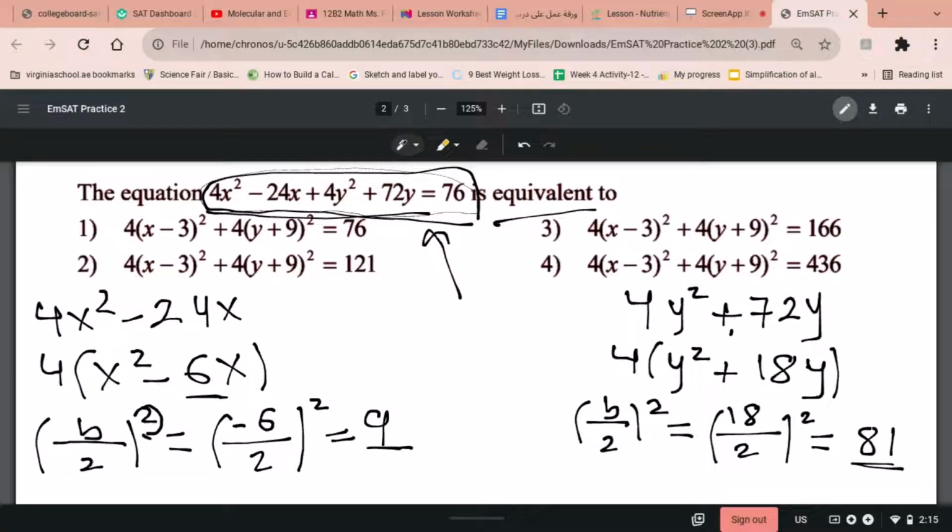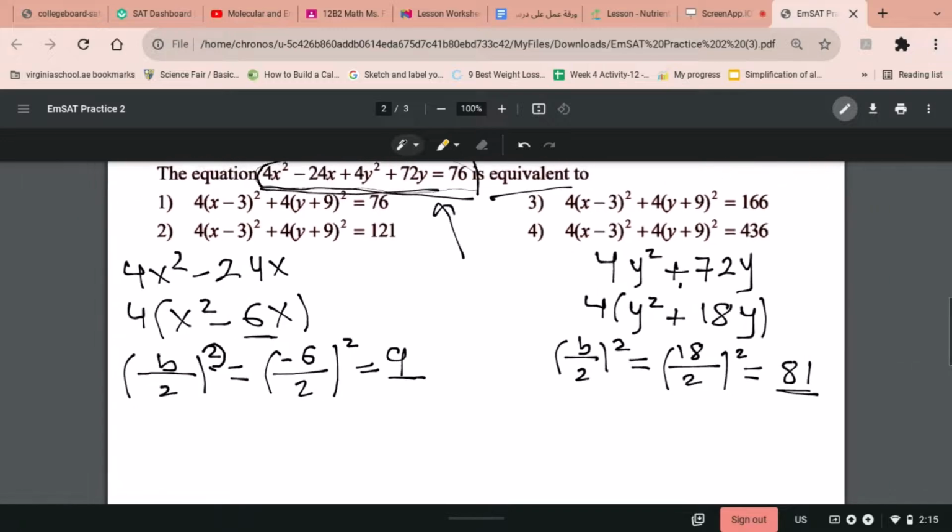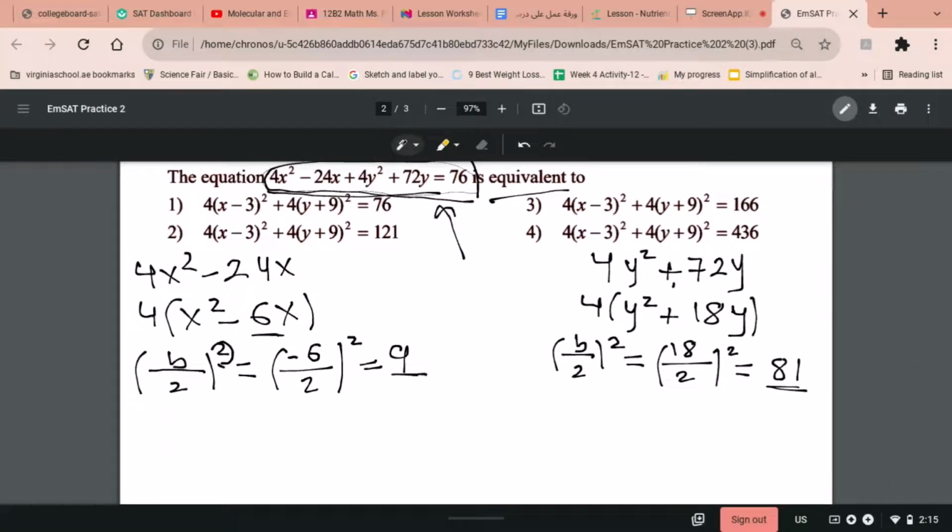So how to do this? Let's zoom out. We write this expression and this expression because we already took the common factor. So 4 times x squared minus 6x plus 9. So we input this value here.